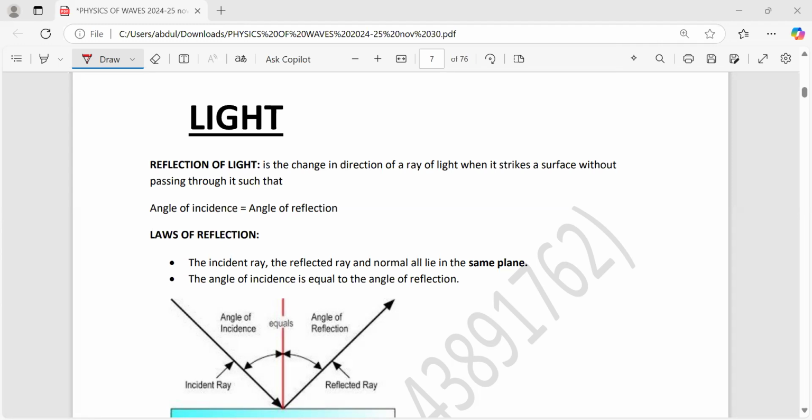So reflection of light, you know this all, it is the bouncing back of light. It is the reflection of light after striking a surface without passing through it, such that angle of incidence is equal to angle of reflection.